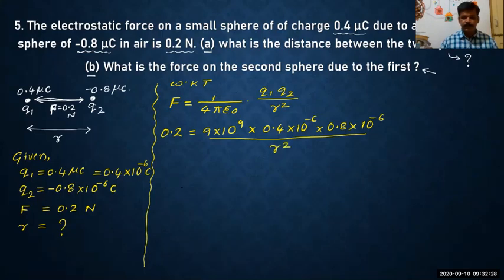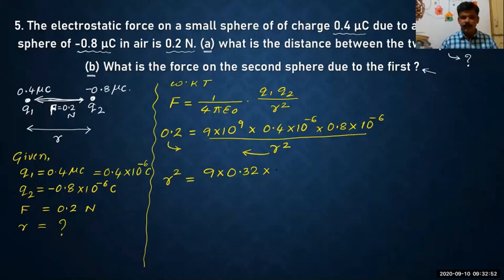Okay? Yes. Now shift this R square to the LHS, 0.2 to the RHS, because I want the R value. So R square is equal to 9 into 0.4 into 0.8 is 0.32. 8 4s are 32, 2 decimal places, 0.32.